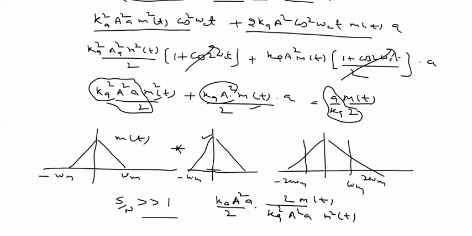We divide both components; m(t) cancels and the remaining terms also cancel, and only k is remaining. 2 upon k m(t) means mu. Mu should be less than 1 to demodulate an AM waveform through a square law demodulator.